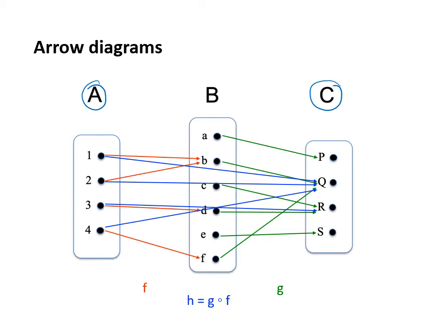So if you look at what 1 maps into, well, f maps 1 into B, and then g maps this B into Q, and so g circle f maps 1 into Q, and so on. So this illustrates composition using arrow diagrams.